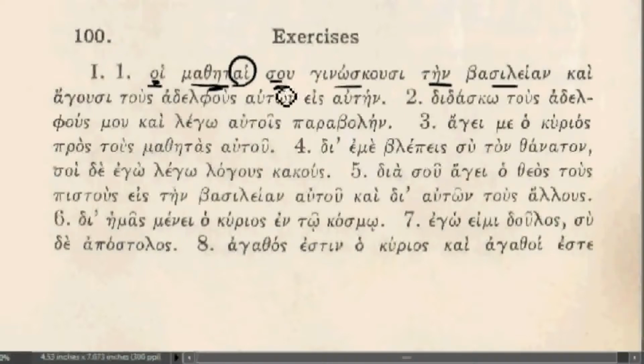And you recall, sou is from the second person pronoun, and it means of thee, thy or you, and it is enclitic, and so we notice that this accent, which was normally going to change to a grave, does not change to a grave because, of course, we have an enclitic word following. So literally, the disciples of you.